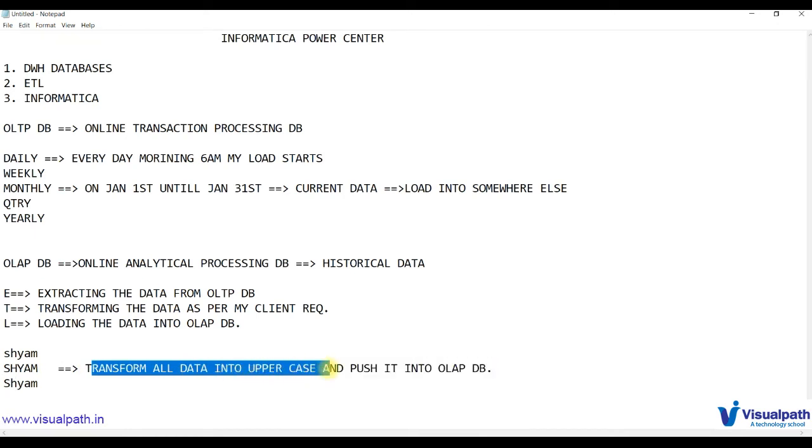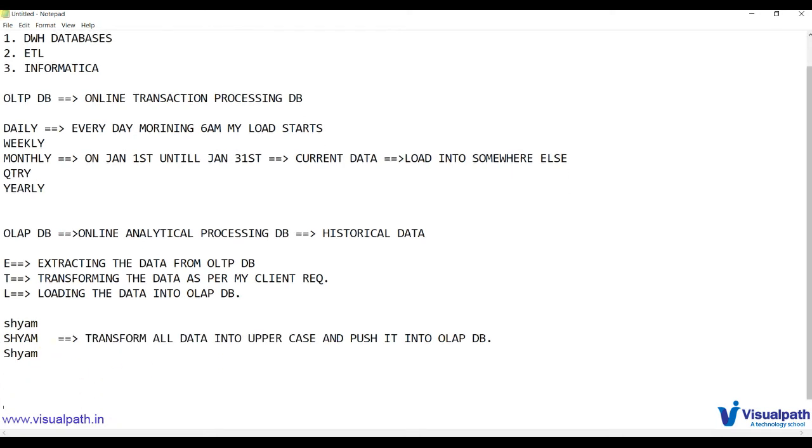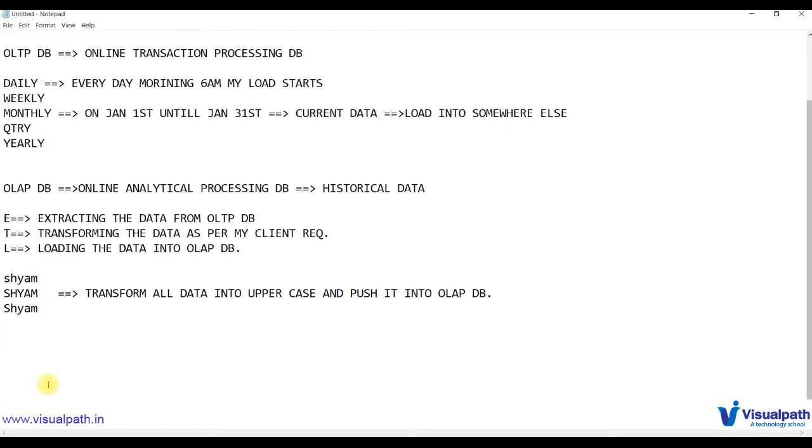This is how you can do some kind of transformations. With one more example, suppose in OLTP I have a separate column for first name, a separate column for middle name, and a separate column for last name. But in my OLAP database, the client said I don't have so many columns, only one column called name.